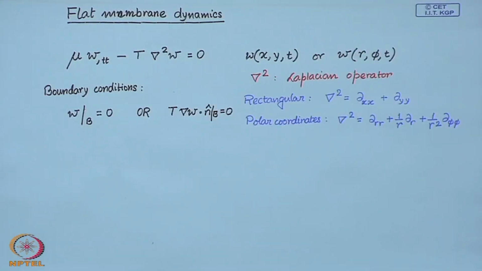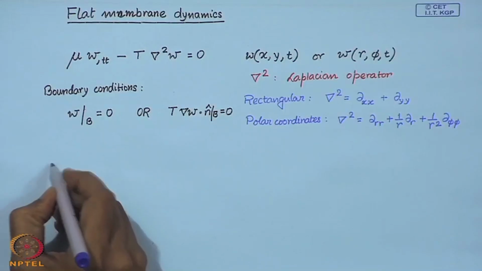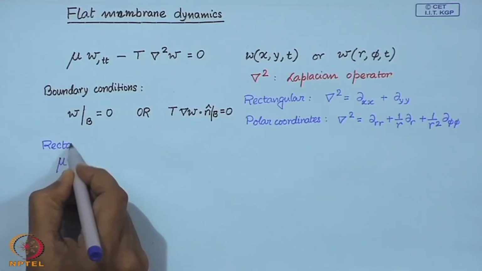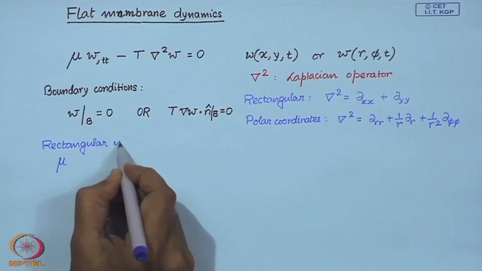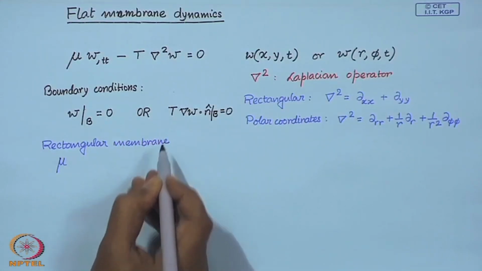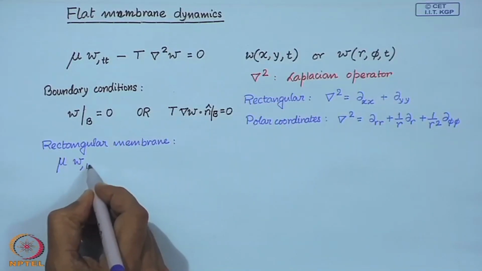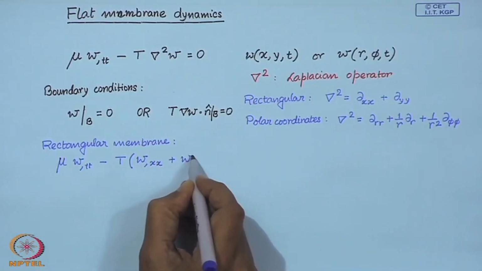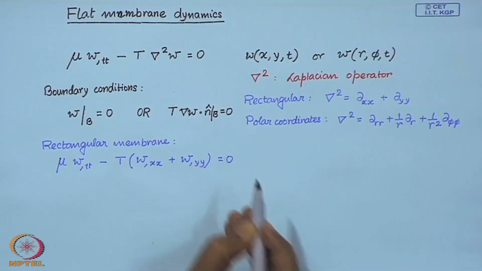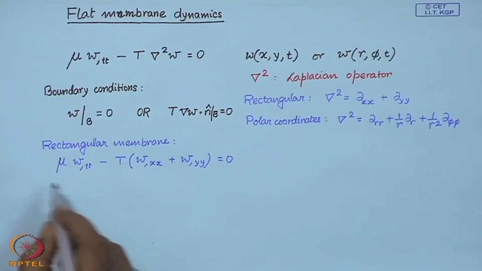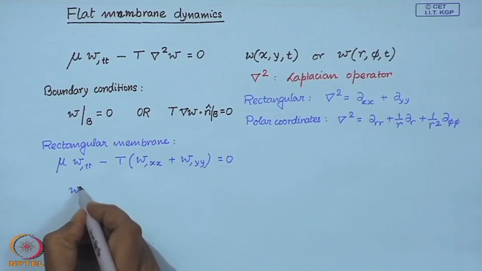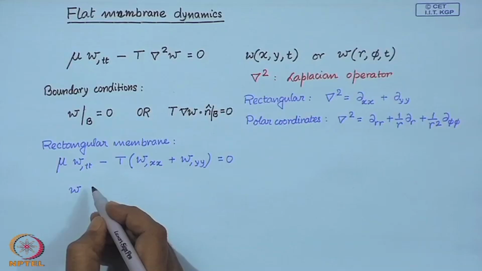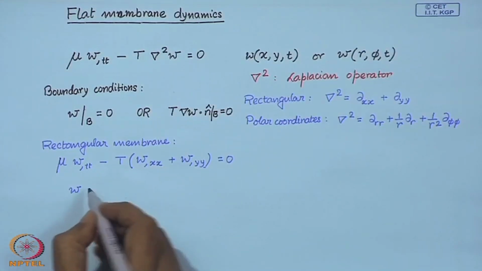So, for example, for the rectangular membrane which we are going to discuss today, we will assume that the boundaries are fixed.